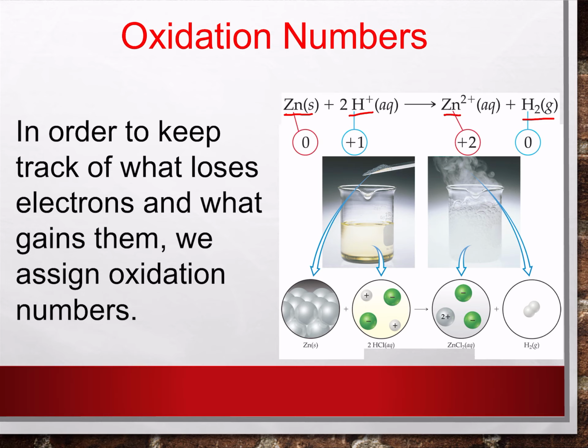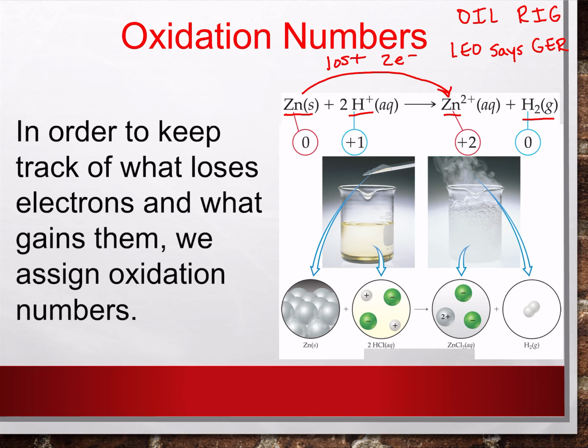So looking at this, zinc is going from a 0 to a 2+, which means it lost 2 electrons. Since zinc lost 2 electrons, that means it is being oxidized. Remember, you can think of OIL RIG: oxidation is loss, reduction is gain. Or you can think of LEO says GER.